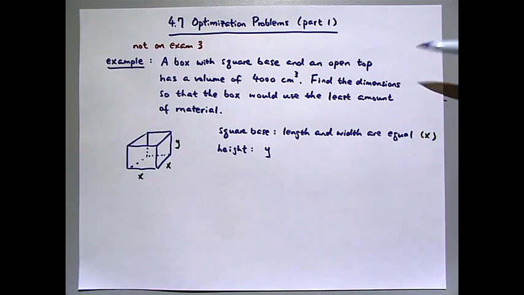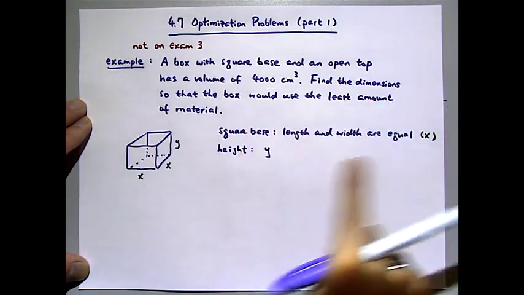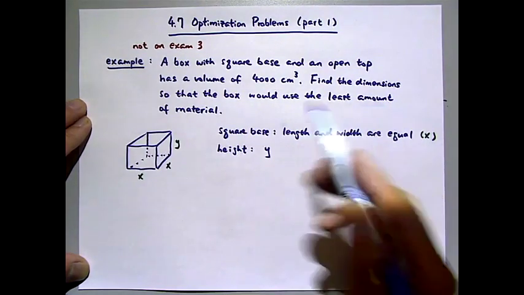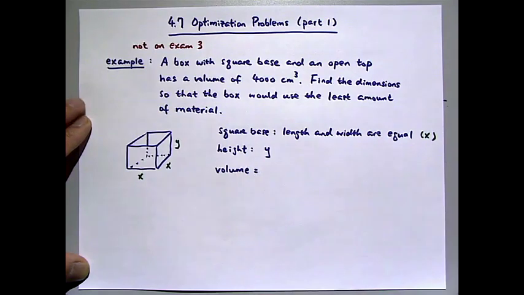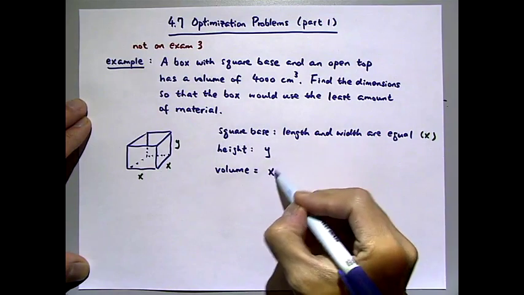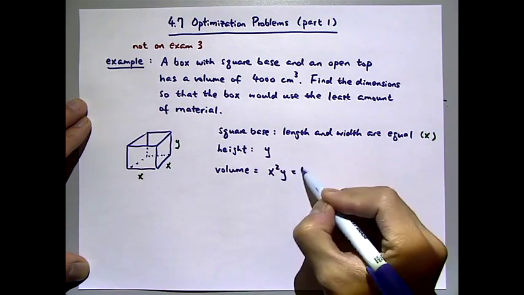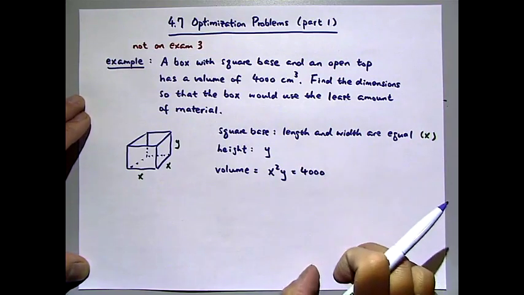One thing we know from the problem description is that whatever x and y are, the volume of that box has to be 4,000. We know the volume of a box is length times width times height, so x squared times y, and that has to be 4,000 cubic centimeters, no matter what x and y are.